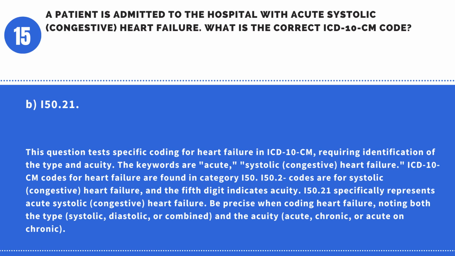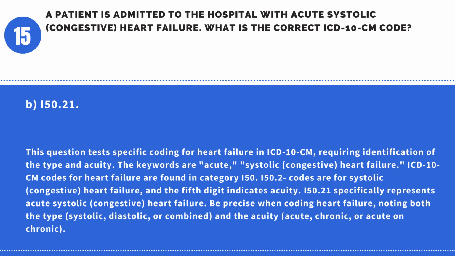Answer, B. I50.21. This question tests specific coding for heart failure in ICD-10-CM, requiring identification of the type and acuity. The keywords are acute, systolic, congestive, heart failure. ICD-10-CM codes for heart failure are found in category I50.